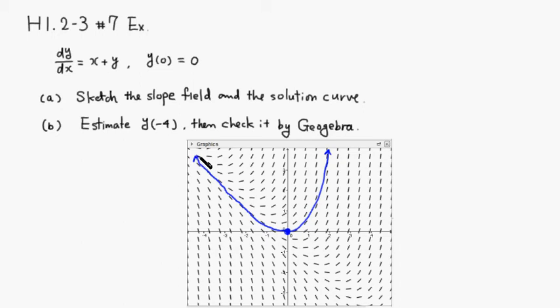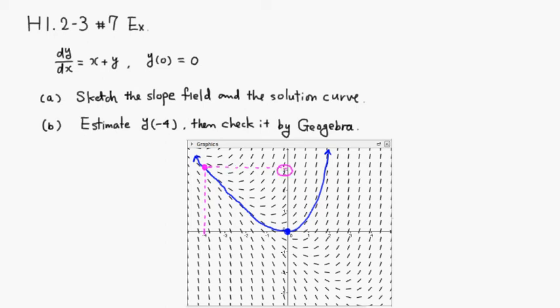All right. Then it says that we want to estimate, using part B, y of -4, right? So -4 is right here, and then if you go up and see where you end up, so more or less, a ballpark number would be around 3, right?